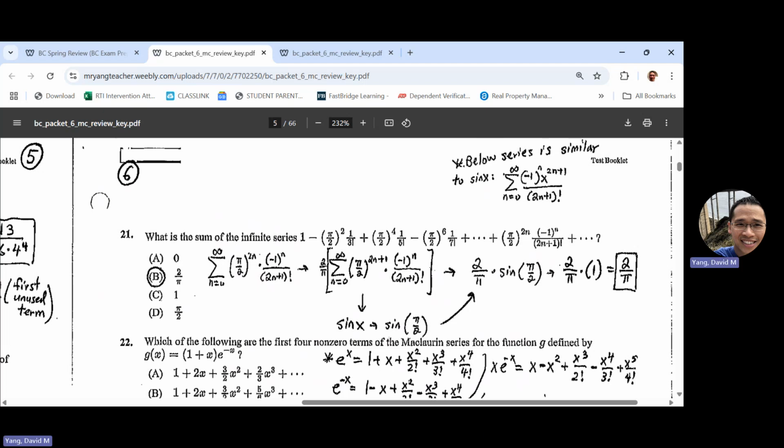So you can think of the pi over 2 as my x, right? So it's almost the same thing. 2n plus 1 factorial, that's the same. -1 to the n, that's the same. But it's missing that +1 here. So if I can find the sum of the series using sine, I know I just have to multiply or divide by this pi over 2, which is the same thing as multiplying by 2 over pi, to get this to turn into this.